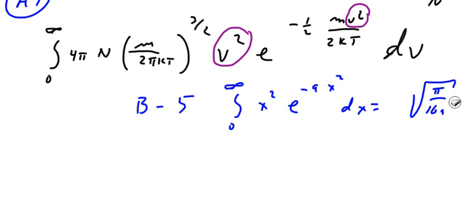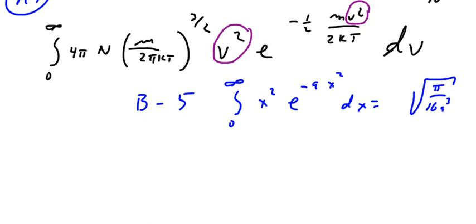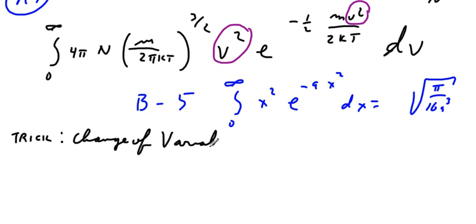I'll put it back there. Now this falls in the category of knowing the right answer, I can now solve the problem. All right, so the trick we're going to use is called change of variable. Change of variable. All right, so that's what we're going to do.